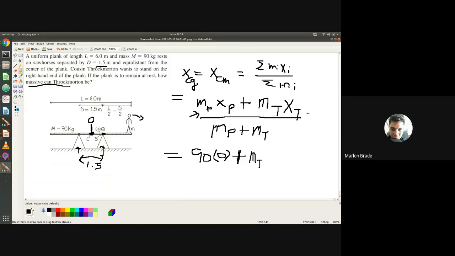Guys, ang length sa plank is pila? 6.0. Ang length sa plank is 6.0. So si Throckmorton gikan sa imong origin, unsa siya kalayo? 3. So this is 3.